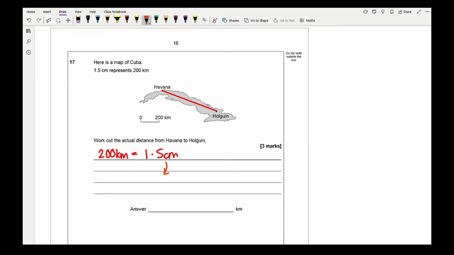So I'm going to divide both these numbers by 1.5. And so I get 1 centimeter equals 133.3 recurring kilometers.